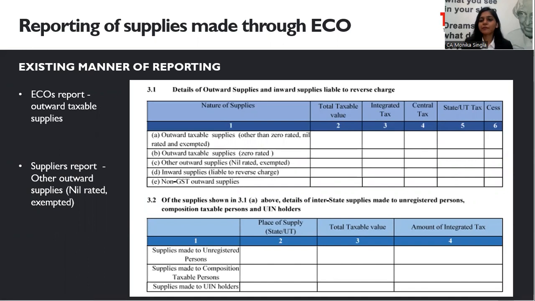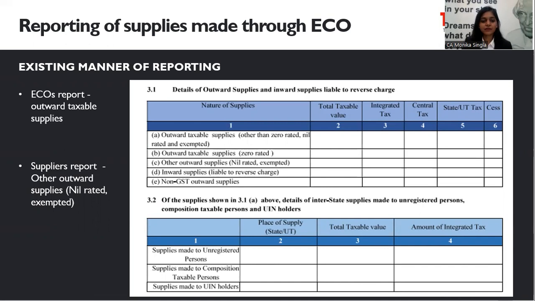Now talking about the suppliers who are effecting supply through such e-commerce operators, the supplies on which tax was paid under section 9(5) are currently required to be reported under 3.1 column C, other outward supplies which are nil rated or exempted.